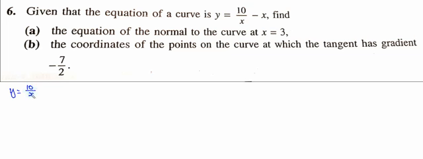10 over x minus x. Now, this can be written as 10x^-1 minus x. Okay. Now, if you differentiate with respect to x, this becomes 10, bring the power minus 1 here, and then this minus 1 minus 1.